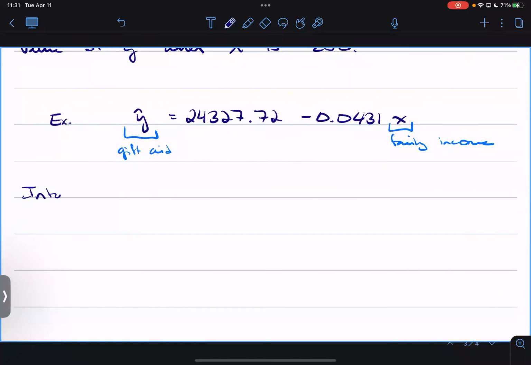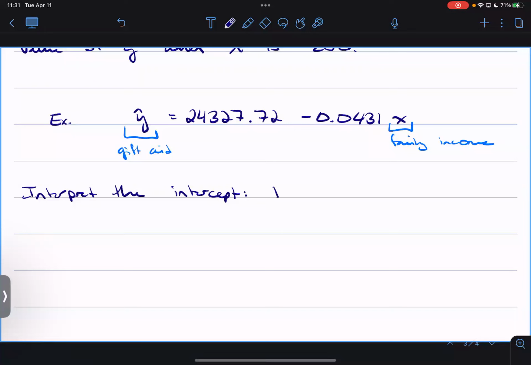Interpret the intercept. The predicted gift aid for a student whose family income is $0 per year is $24,327.72.